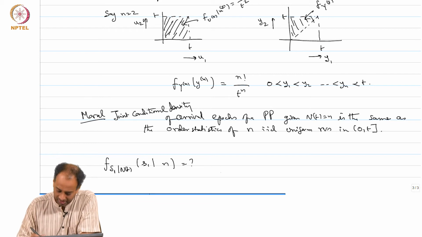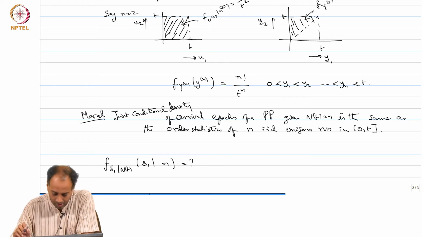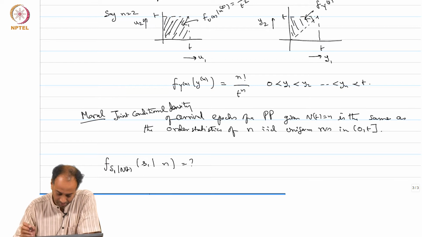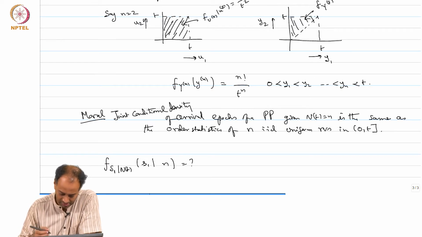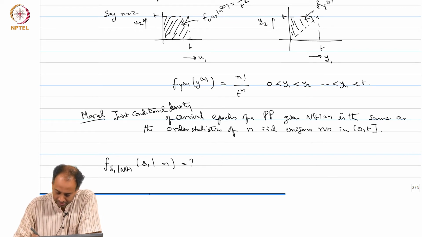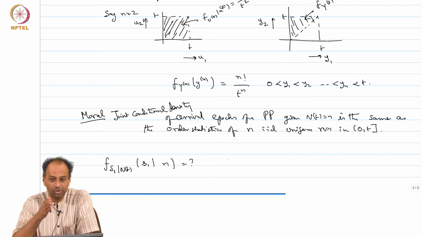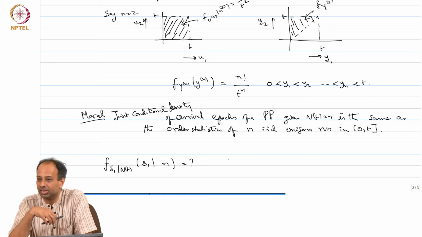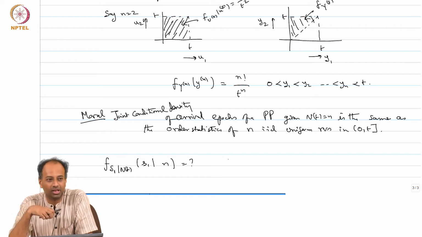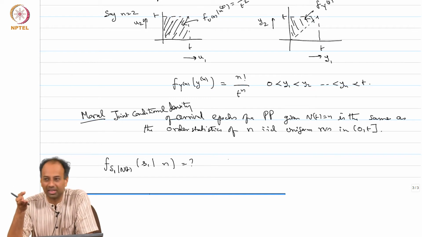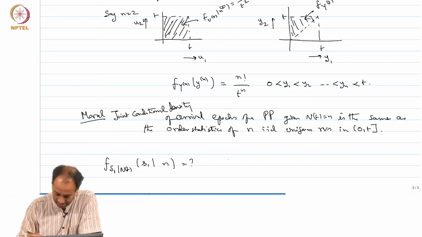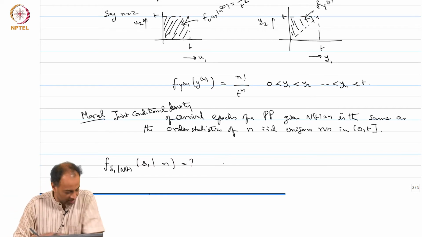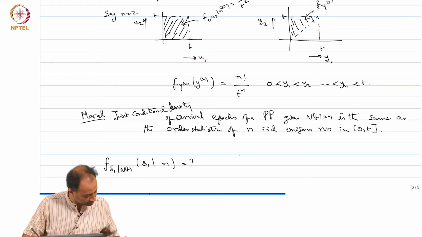You can actually calculate the CDF, the complementary CDF a little easier. This is like the smallest of the n uniforms. For the smallest of n uniforms you can calculate what the CDF is. So, for example, if you look at the probability that, let me just write this down correctly.